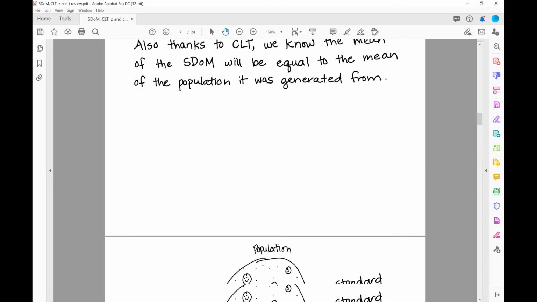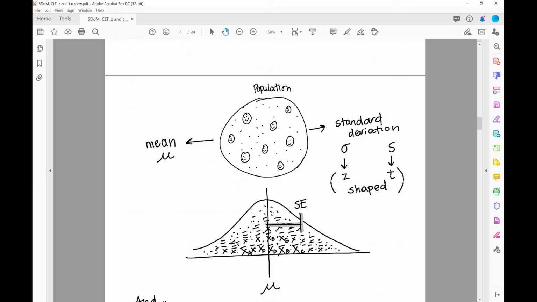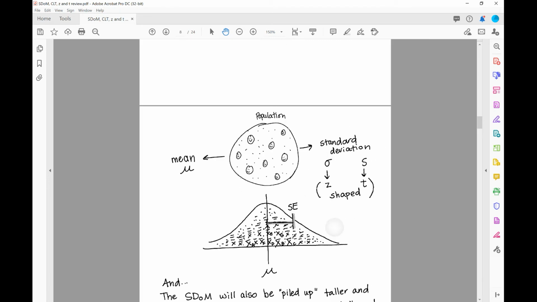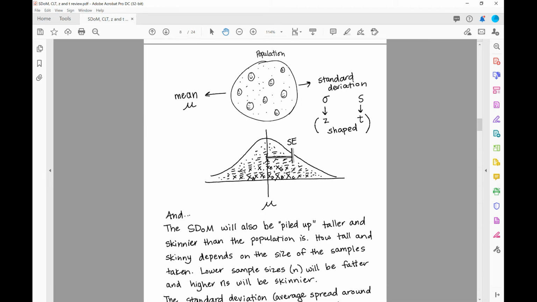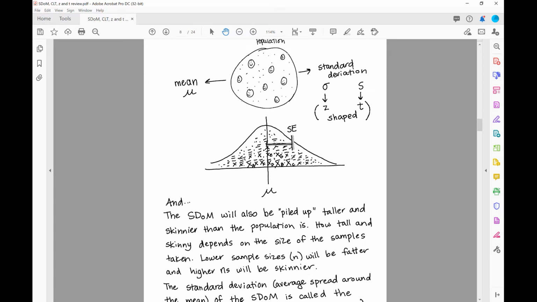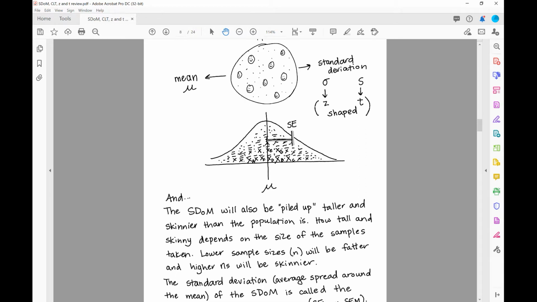And we also know that this SDoM that we see, when we're piling up all those middles, what's happening is it's getting tighter and tighter around the true population middle, right? That true population mean. So when we pile up all those values, then our SDoM shape is going to be like taller and skinnier than whatever that shape of that population is.